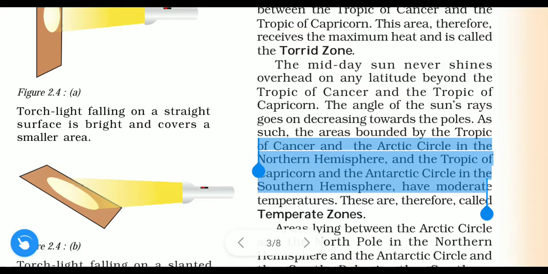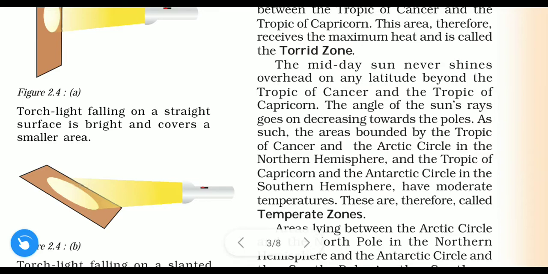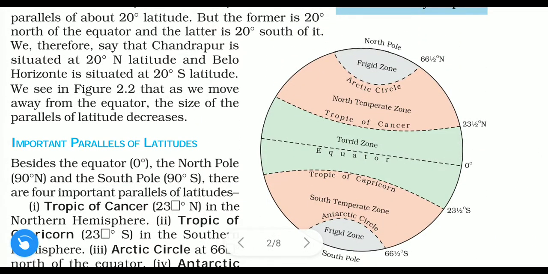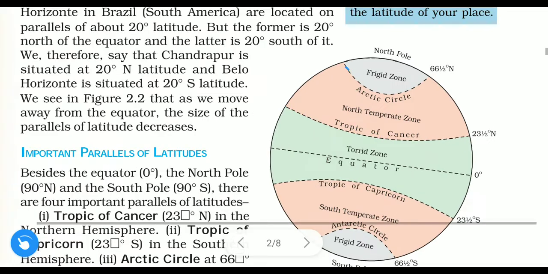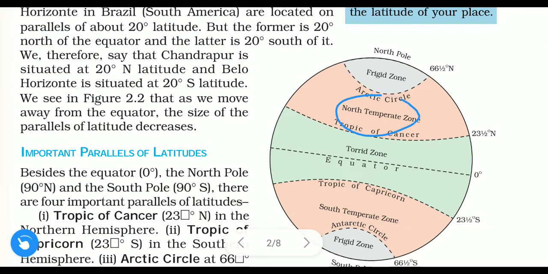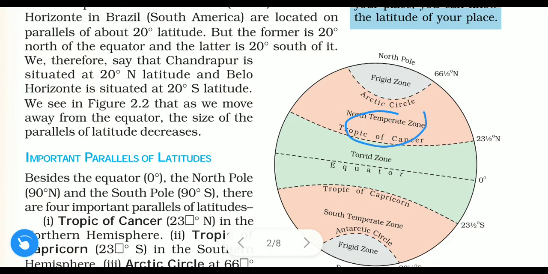Now I will show you from the diagram which is the temperate zone, which receives moderate temperature. Here it is said the Tropic of Cancer and the Arctic Circle in the north. This whole region from the Tropic of Cancer up to the Arctic Circle is the north temperate zone, and it receives very moderate temperature.